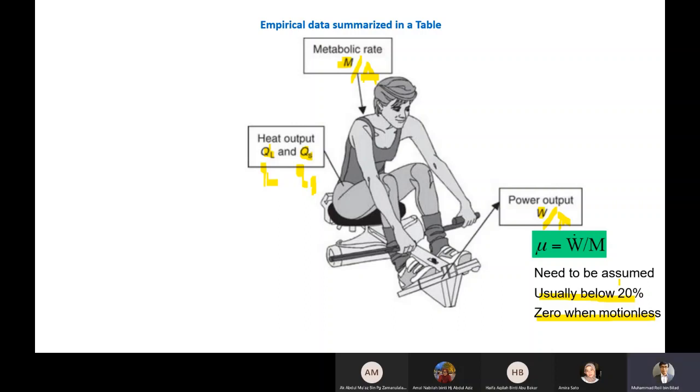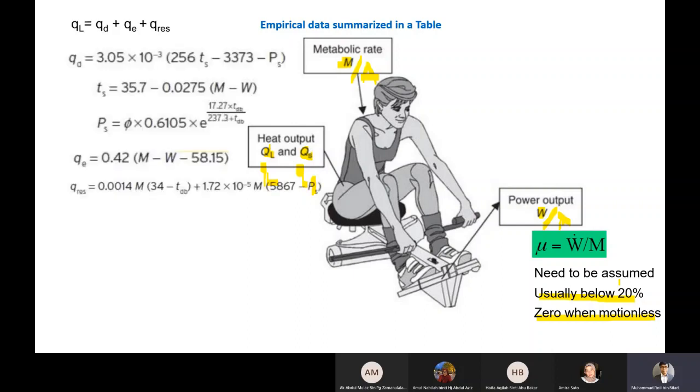Okay, so now let's go one by one with QL and QS. QL is from diffusion, evaporation, and respiration. QD is given empirically, this equation. It's a function of TS. TS is given here.